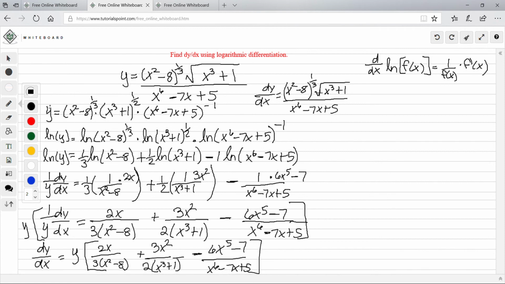You see our y is just this thing, I'm just plugging it in, and then you could put the bracket and it's just this whole thing.